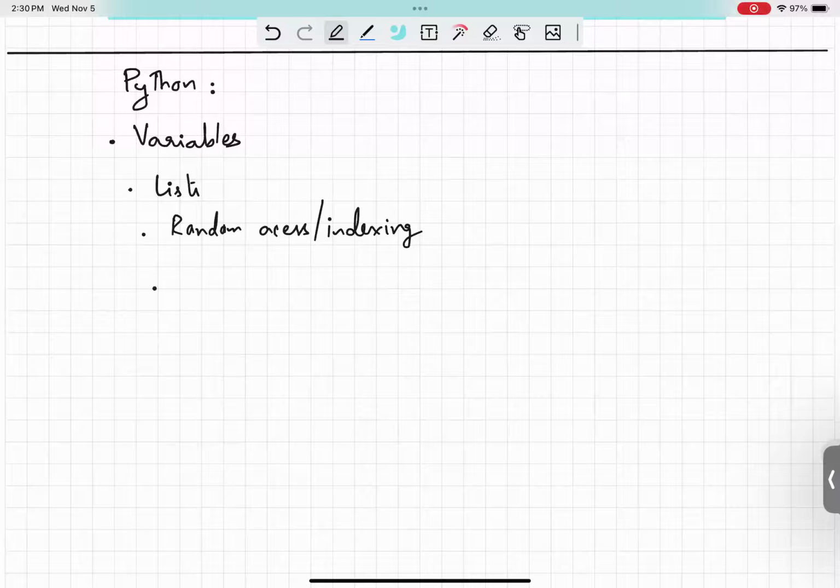What else? Loops. I can write for loops. What else? Yeah, the ability to call functions. In particular, recursion.